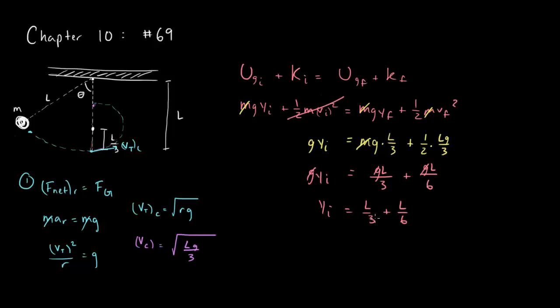Now to get this even, it should be 2L over 6 plus L over 6, and that should give me 3 over 6 L, which equals L over 2. Awesome. So now we have our y initial.